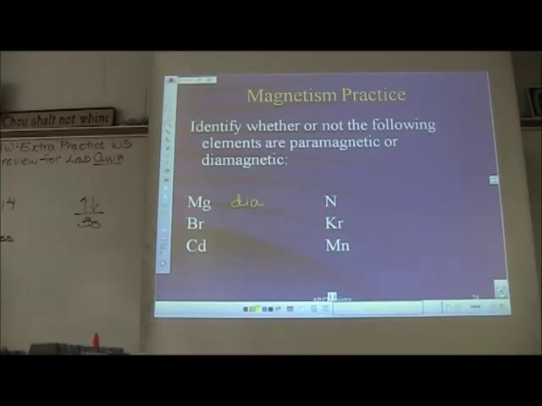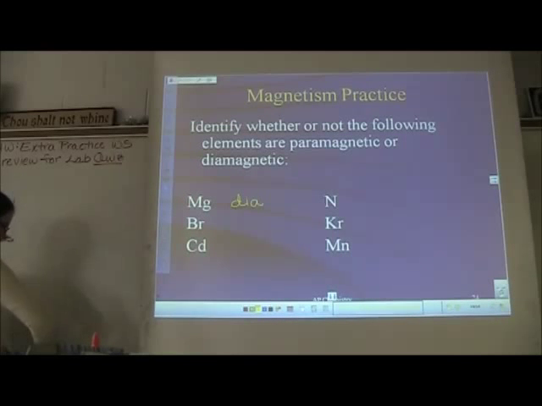How about bromine? It is paramagnetic. That has an unpaired electron.